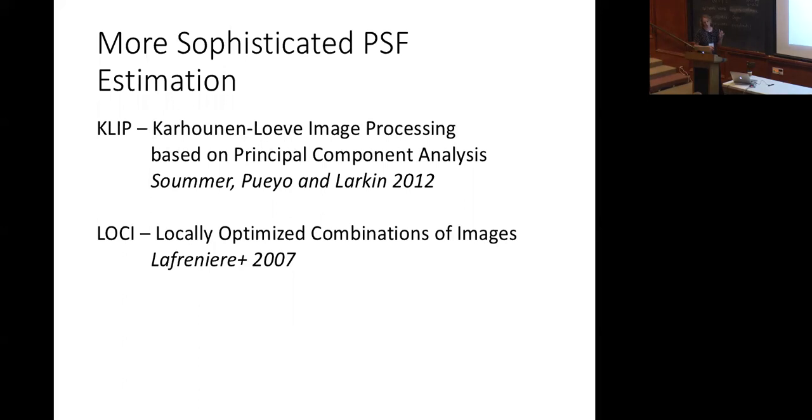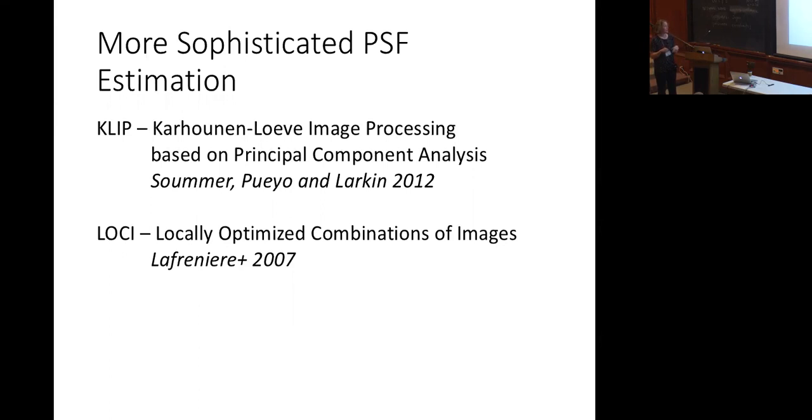So what we do in practice these days: I mentioned that if you just take a median PSF, that's not going to be a good estimate of the PSF of the star for any given frame. It'll do kind of okay. But we can use more sophisticated techniques to estimate the PSF in these images.